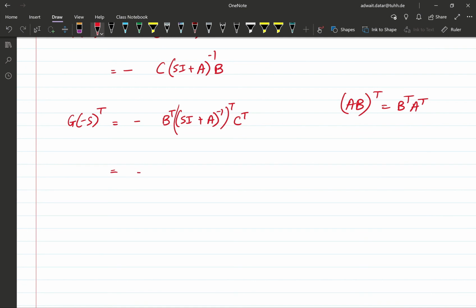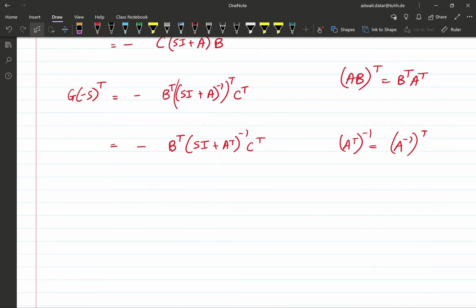Now this is nothing but minus P transposed times (SI plus A transposed) inverse C transposed. What we have used here is (A transposed) inverse is (A inverse) transposed. And I think we also used this in one of our previous exercise problems, and you can try to prove this as well.